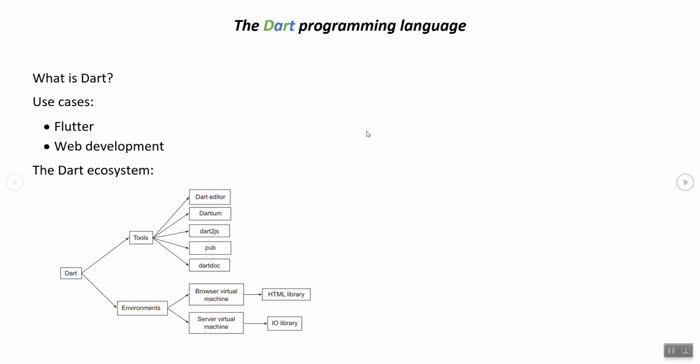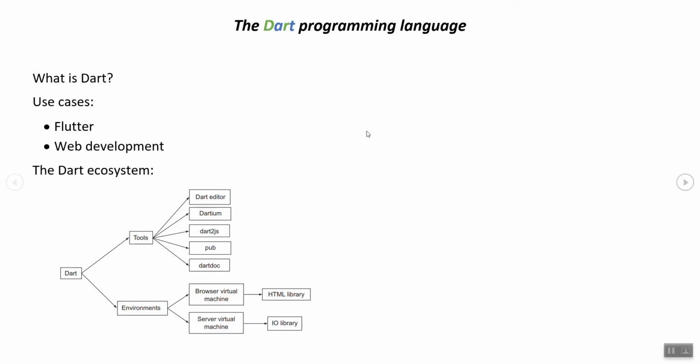And about the syntax, the Dart programming language has a syntax so similar to JavaScript and Java, and it's like a mixture of them. When you read some Dart code, you feel that in some parts it is so similar to Java, and some parts are so similar to JavaScript.